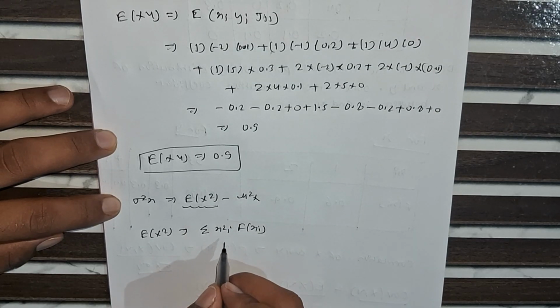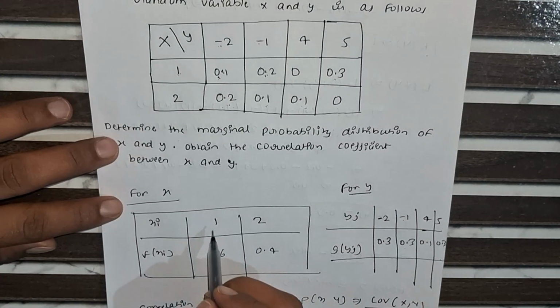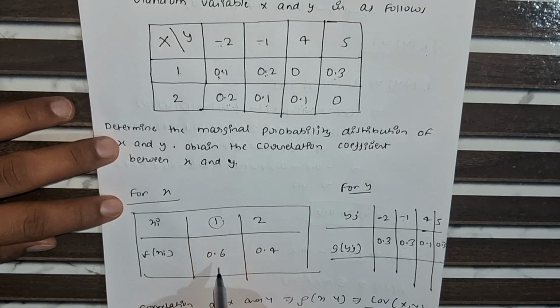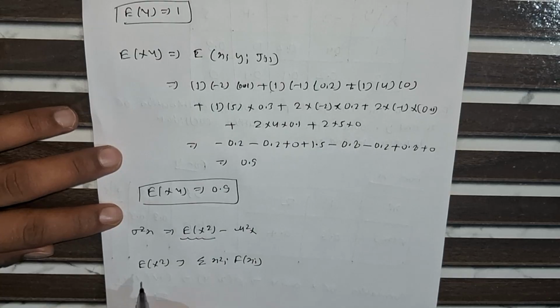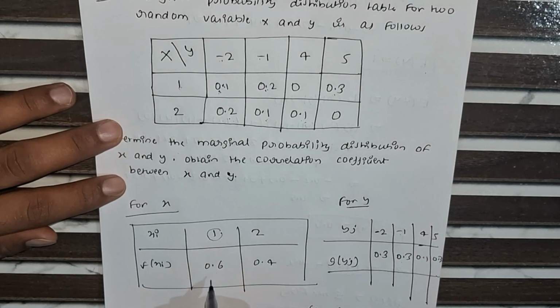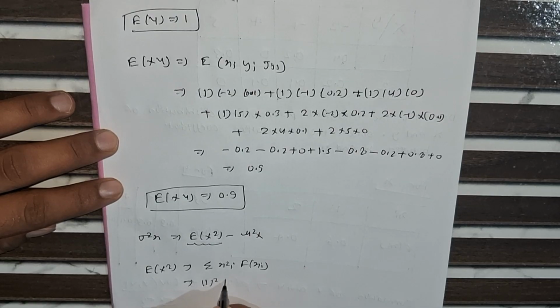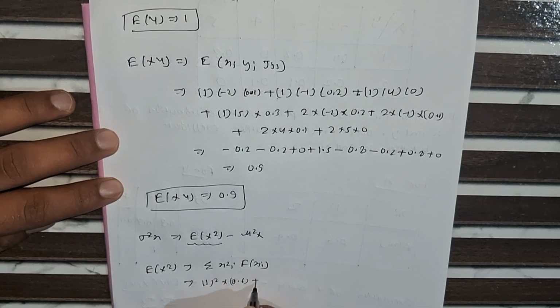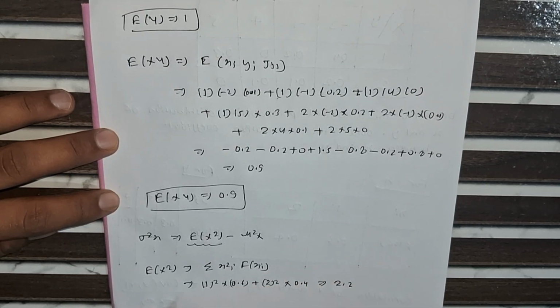So we have to square this one and multiply this one for finding the expectation of x square, means 1 square into 0.6 plus 2 square into 0.4, which is equal to 2.2.